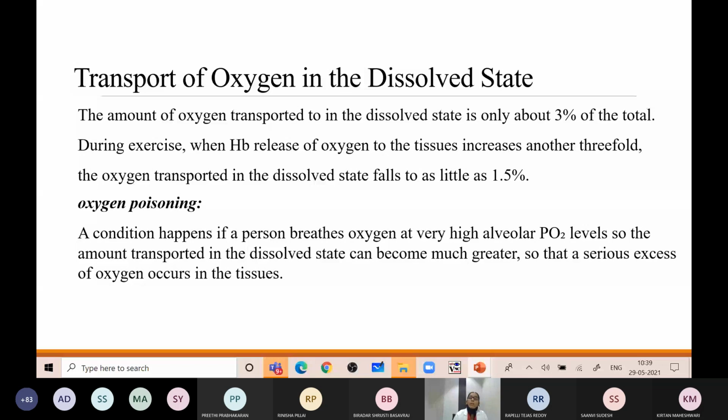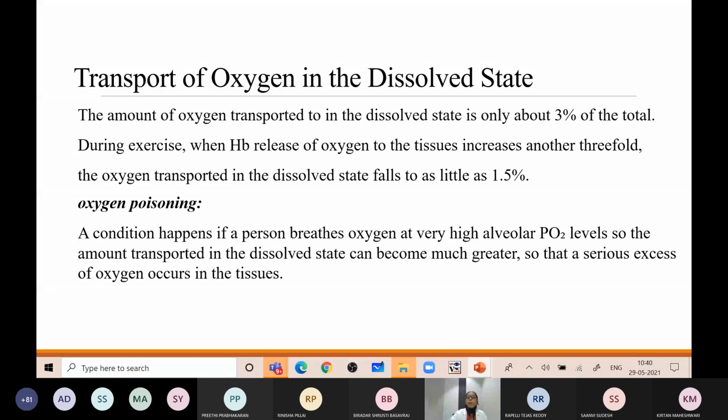So this is the importance of dissolved oxygen: even though it's transported in a very minute amount, during exercise this is the pathway where more oxygen can be dissolved and increased. But in the case of hemoglobin-bound oxygen, it cannot be increased. Why? If it has saturated to 100%, however much you increase your PO2, you cannot increase the oxygen level, isn't it?